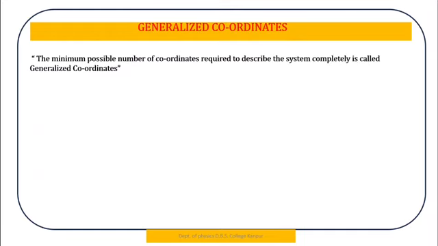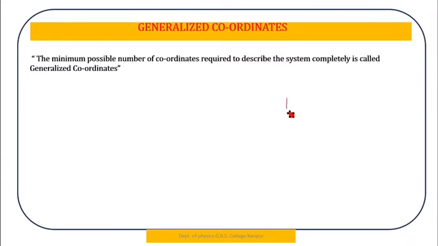Generalized coordinates are the minimum possible number of coordinates required to describe the system completely.